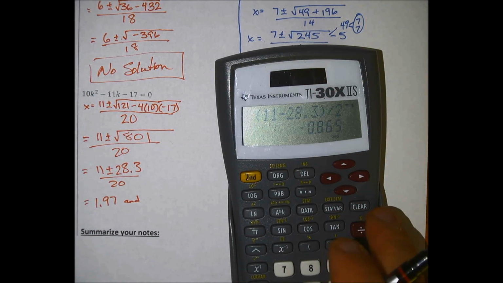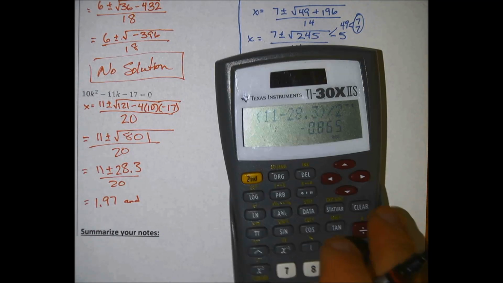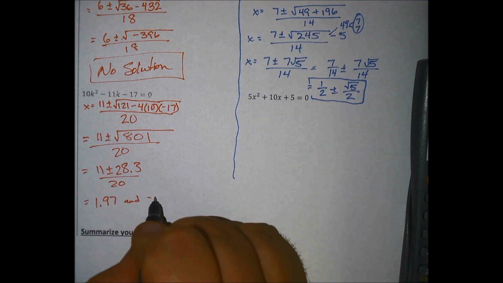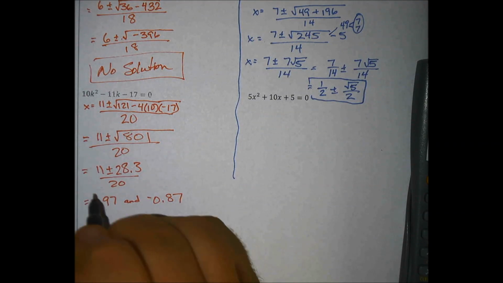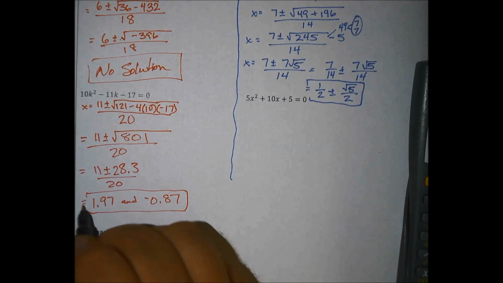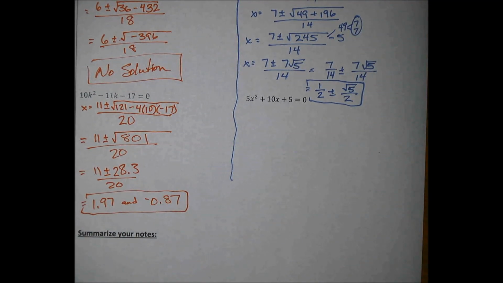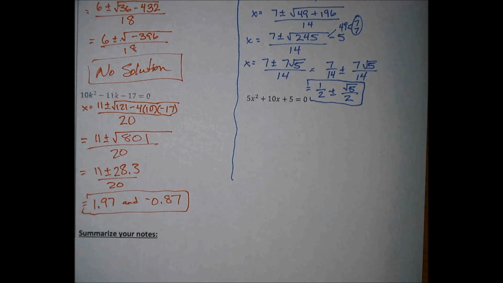Negative 0.865, so 0.87. And there we go. Okay, I've found that whenever you're going decimal form, it's usually a little bit of work because you want to actually figure out what the number is, but it does have the advantage of then you actually know what the number is.